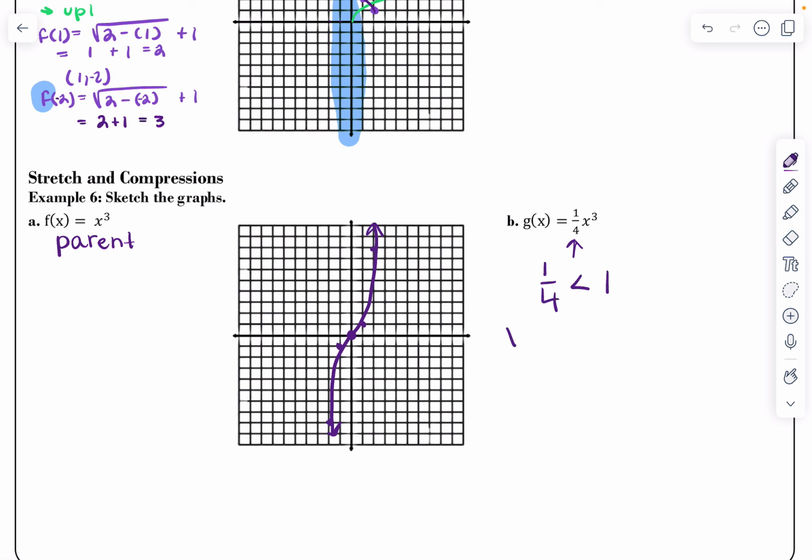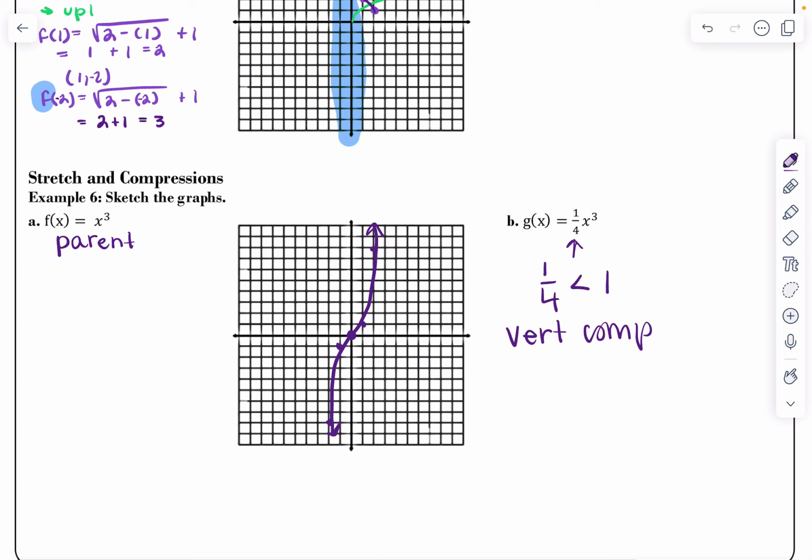So that means this is going to be a vertical compression. So with vertical compressions, you'll notice the shortening of the points because it is with our values of fractions. So they're compressing our values. So we have 1/4 and then it's being x cubed.